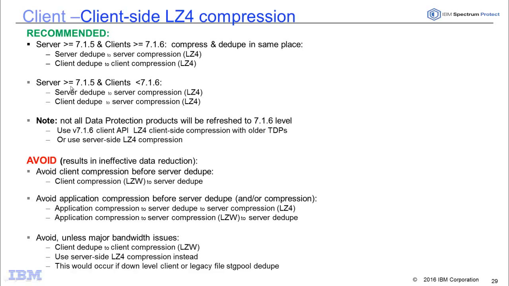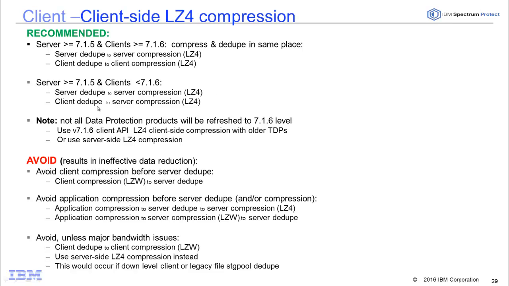If your server is at a level higher than 7.1.5, but your clients are at an older version, less than 7.1.6, then we recommend you use the server deduplication and server compression, and that will give you the LZ4 and the container storage pools.